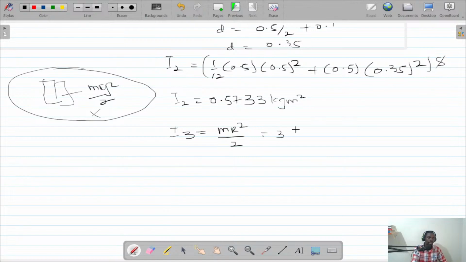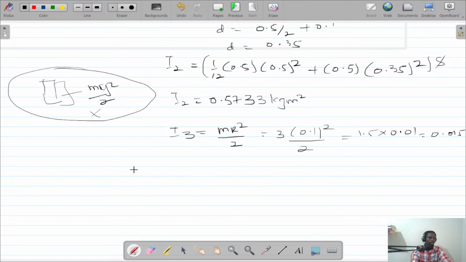So 3 multiplying 0.1 squared all on 2, and that will be 1.5 times 0.01. So we have 0.015.